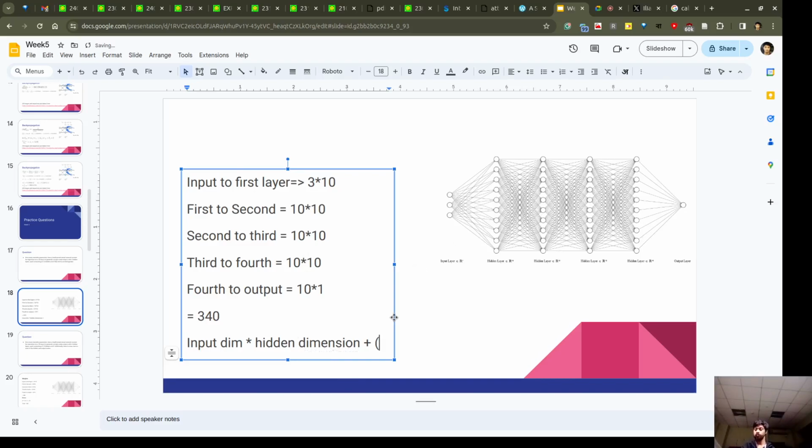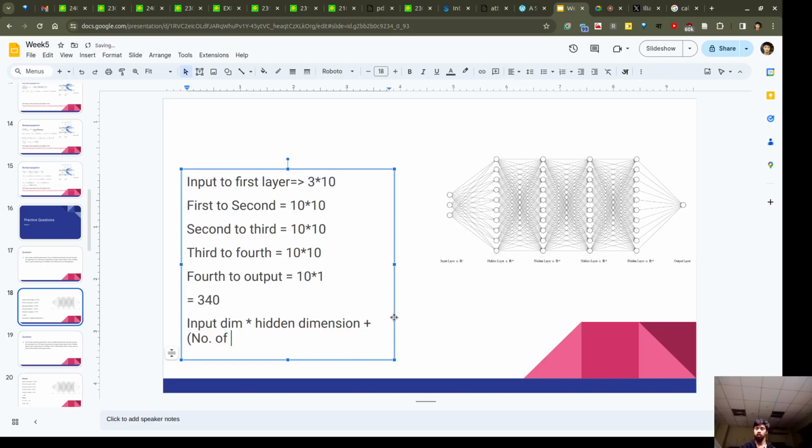So number of hidden layers minus 1 into hidden dimension squared, plus hidden dimension into output dimension.